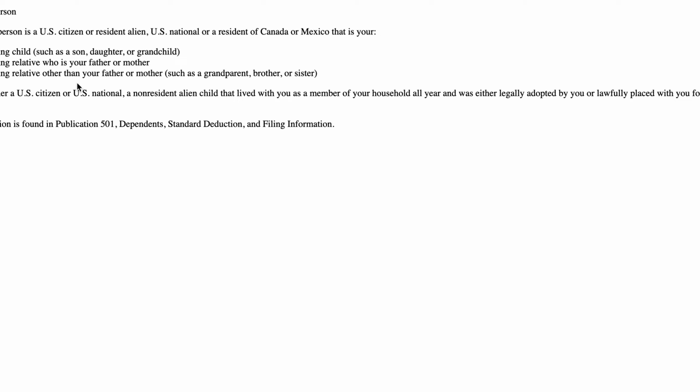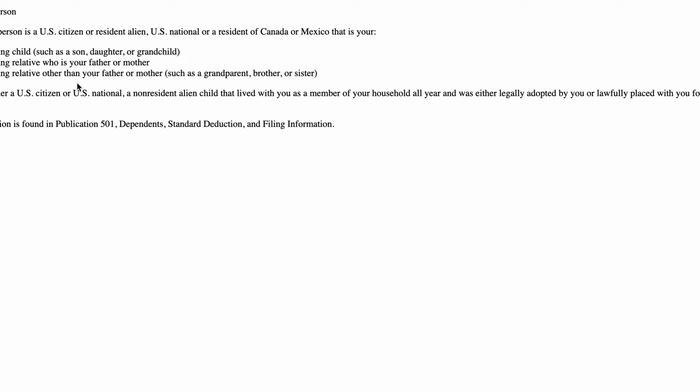So if you're a citizen or a national, a non-resident alien child that lived with you as a member of your household for the entire year and was either legally adopted by you or placed with you for legal adoption can be considered a qualifying person.